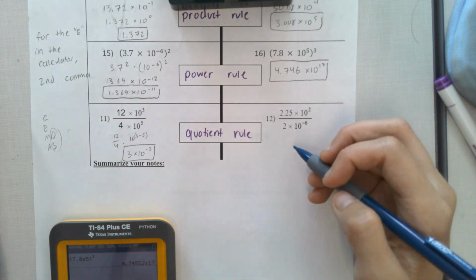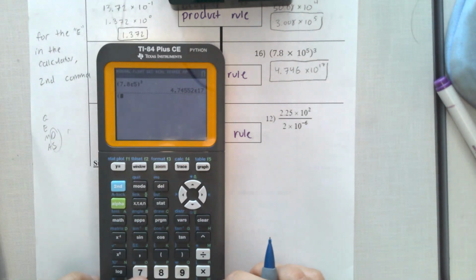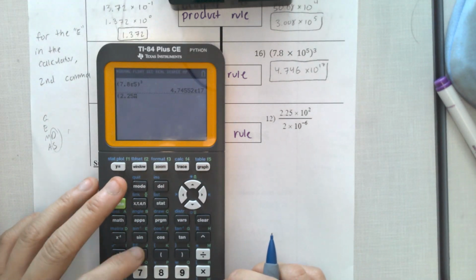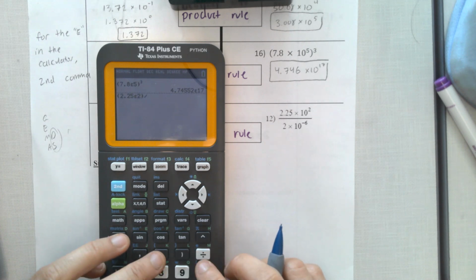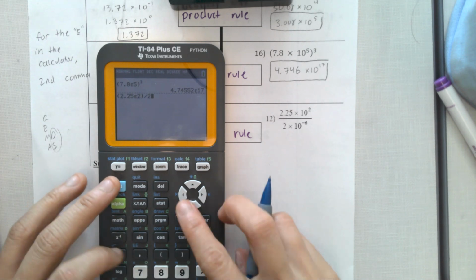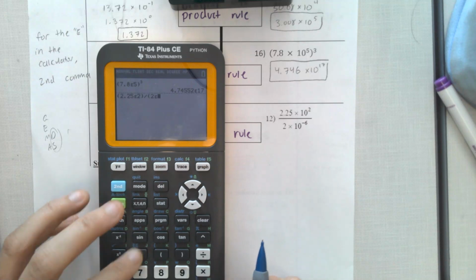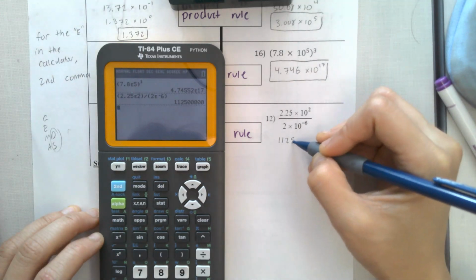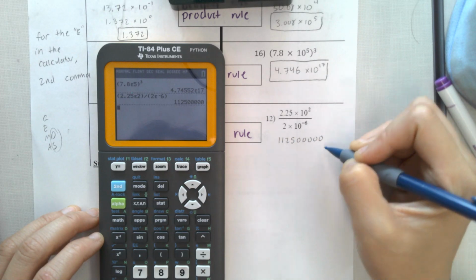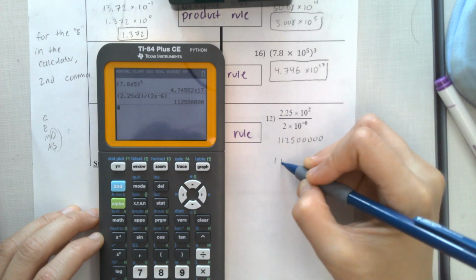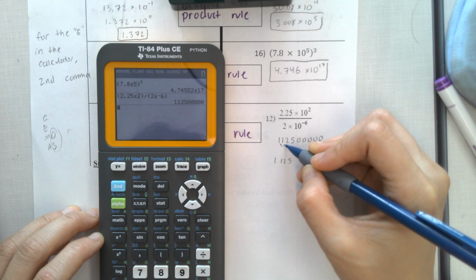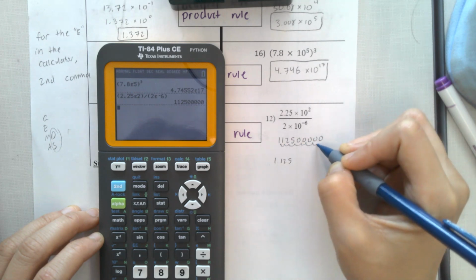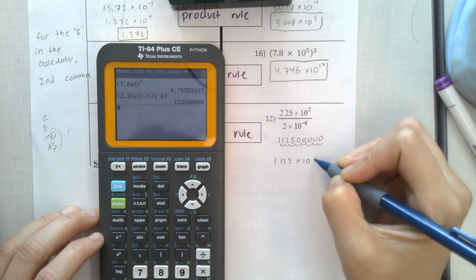And then this one, let's use our calculator. 2.25 e to the 2 divided by 2, parentheses, 2 e to the negative 6. And then we get 1, 1, 2, 5, and 5 zeros. So we're going to do 1.125, and we move the decimal 8 places, times 10 to the 8.